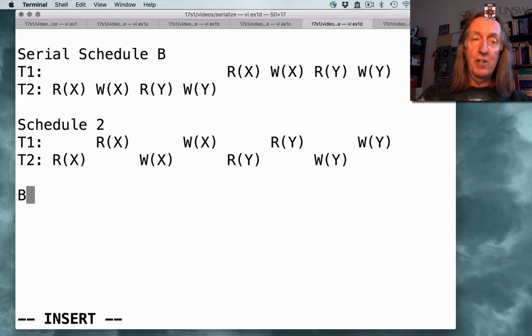Okay, so serial schedule B is where we've got T2 before T1, so pretty easy to see.